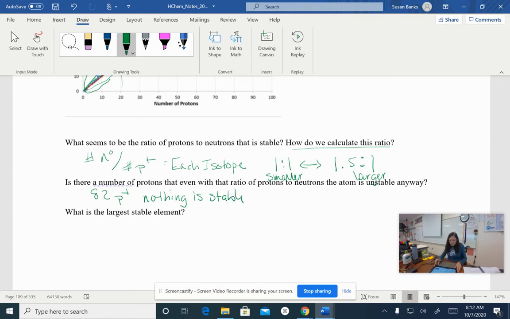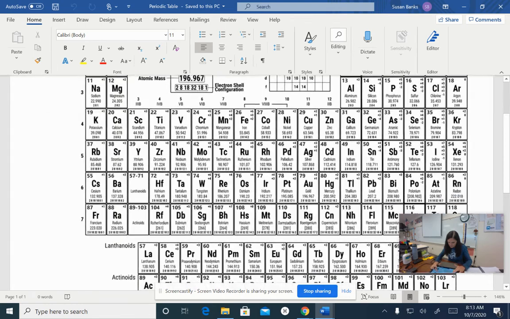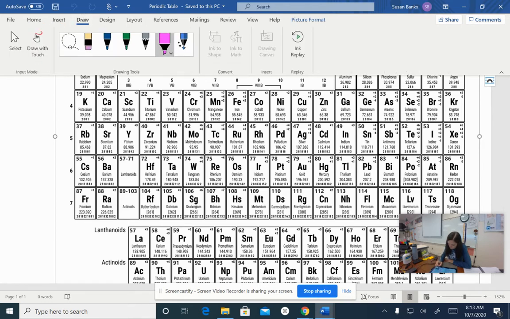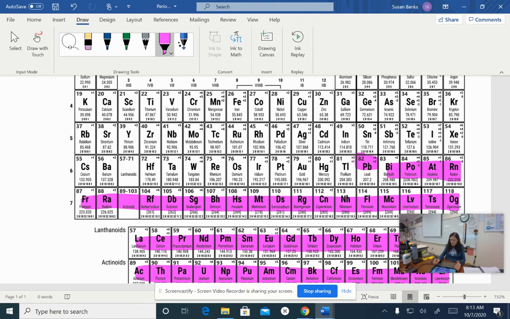Okay, so if we look on our periodic table, let's look at our periodic table really quick. 82 protons. So if I look at that, 82 protons is lead. Everything after lead is unstable, okay? Every single element past here, all of these are all unstable.